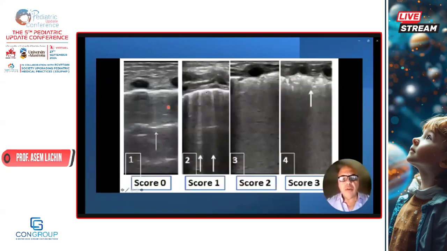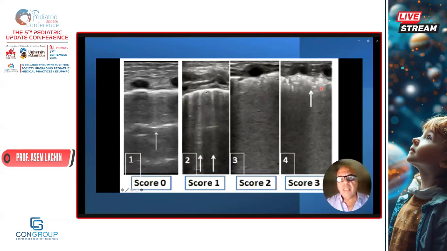This is the normal lung pattern with A lines and some hazy B lines, incomplete or Z lines. Here are the signs of increased interstitial fluid, with increased B lines, which are vertical longitudinal lines, as we can see here. And in the third one, we have coalescent B lines, which indicates intra-alveolar edema.